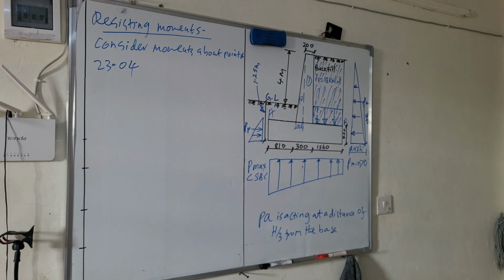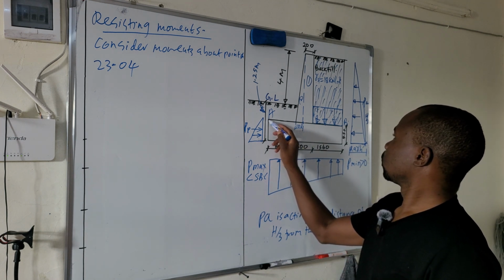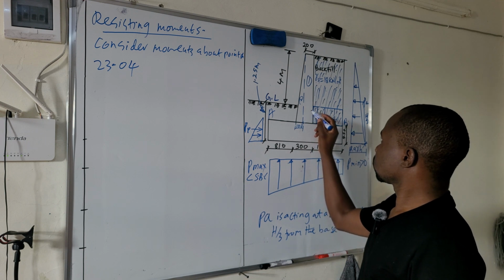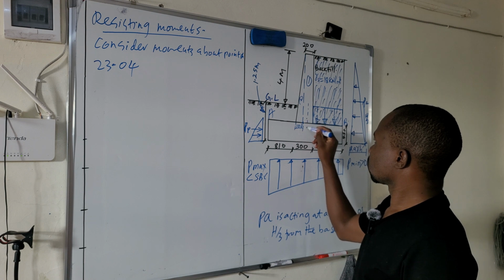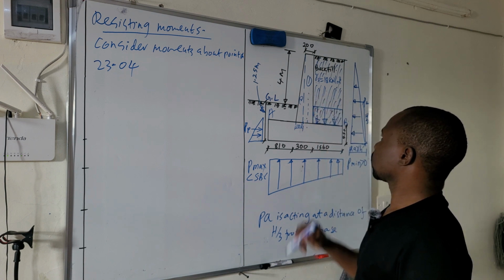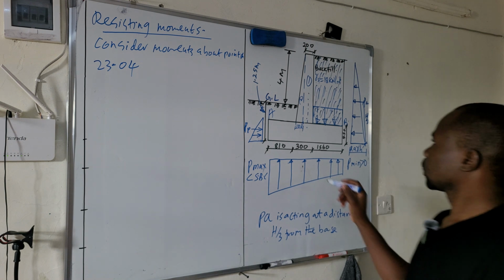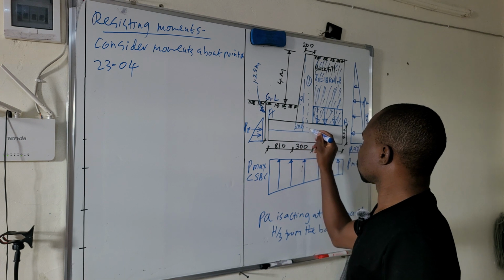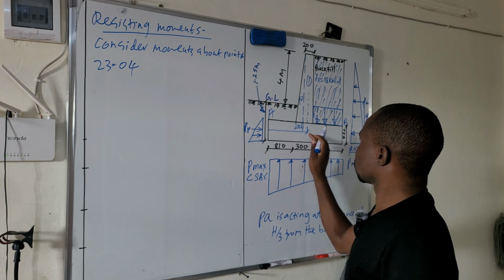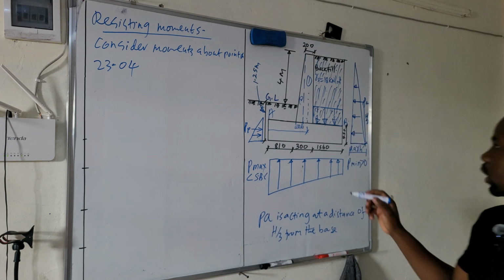So we will multiply by the distance from point A to a half of this rectangle. So that one, it means you will take this distance, so that is 810.